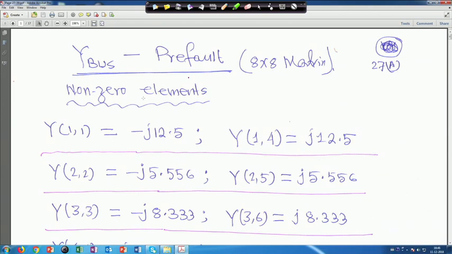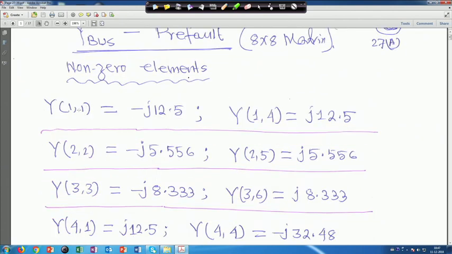Whatever data were given, all these things were computed. I am writing only the non-zero elements, other elements are 0. Y11 is minus J12.5, Y14 you will get J12.5.